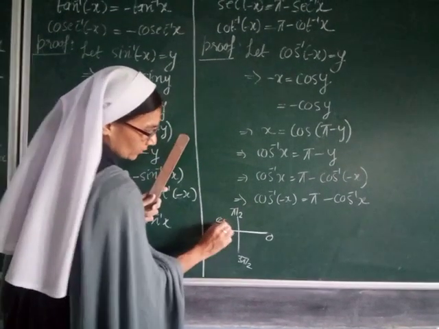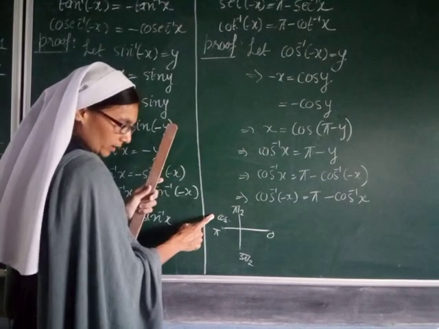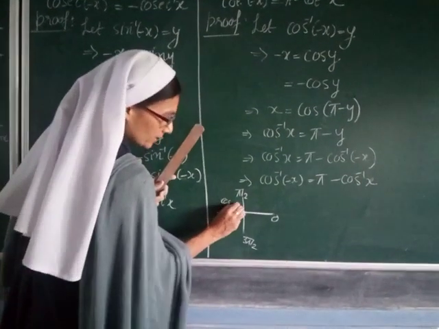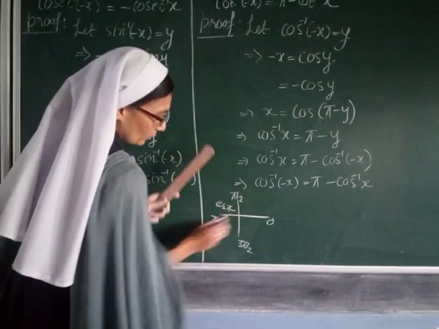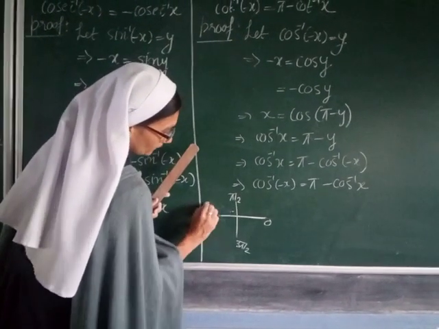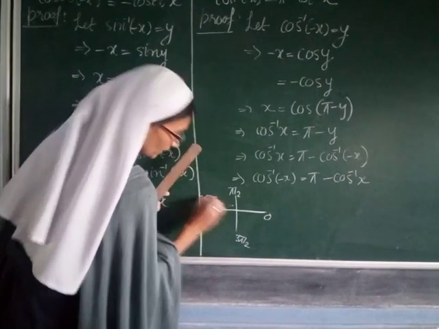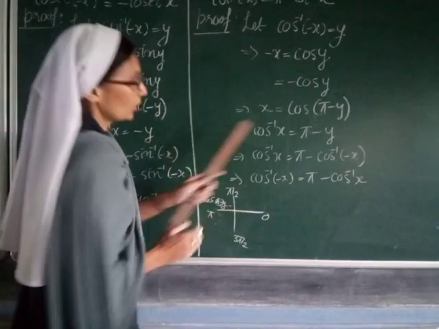Cos is negative here and here also, but we will take this part. When the angle is here, you can say pi minus whatever the angle is. Since cos is negative here, the angle will be pi minus y.